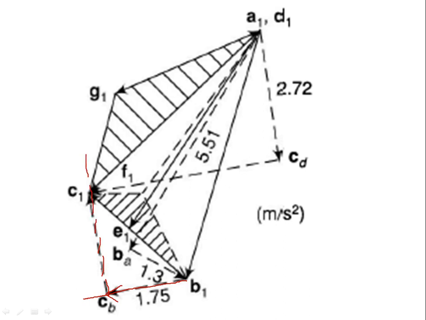You don't know the value, so just draw a straight line perpendicular to that and keep it as it is. Don't take a value because you don't know it. Okay, so do up to here.